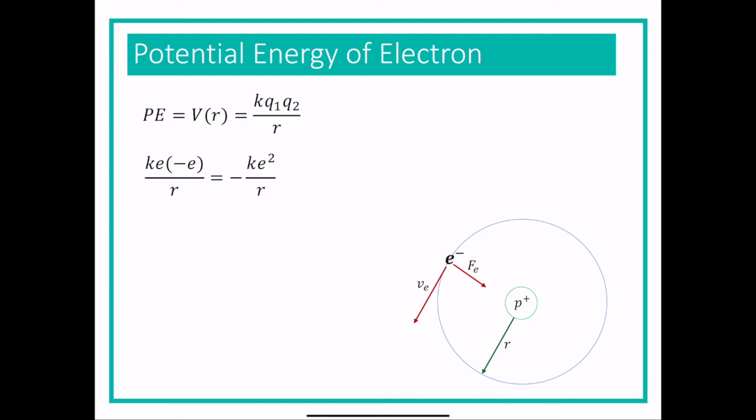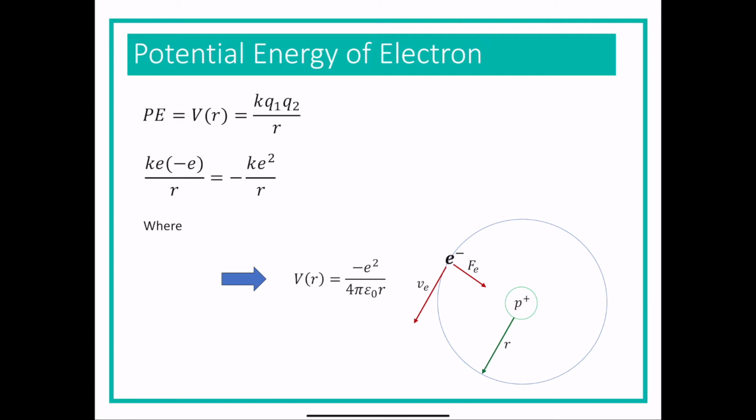So we can come up with a way to figure out the potential energy of an electron if we know the distance from the nucleus, because we know the charge of an electron is e. We know 4 is equal to 4, pi is equal to pi, and the permittivity of free space is a constant that can be figured out. So it just depends on distance, and that's it.